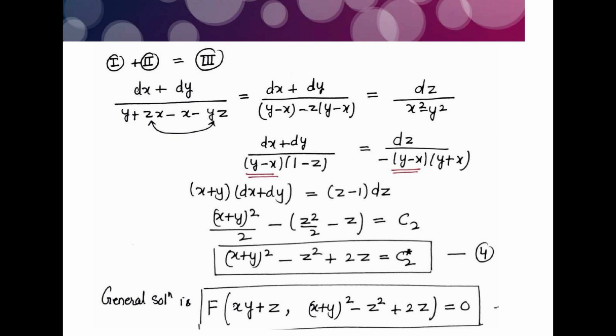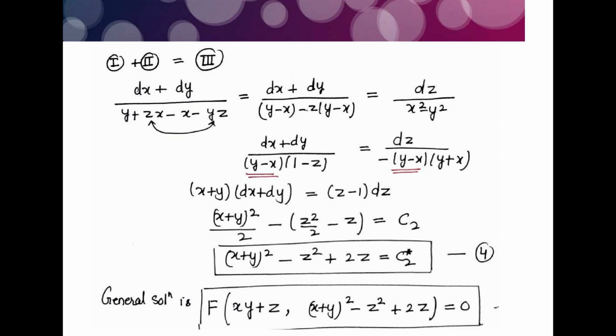So see the next expression here. I can take y minus x common. So finally dx plus dy, and the denominator will be y minus x and 1 minus z. Now I can combine this with dz term. And dz denominator we can write down as minus sign y minus x and y plus x. Now in these two ratios y minus x is same, we can cancel out.